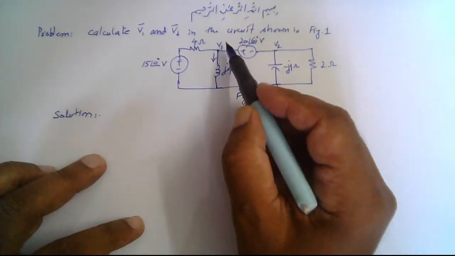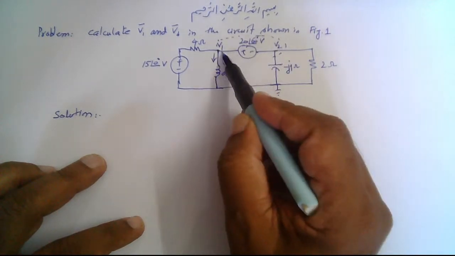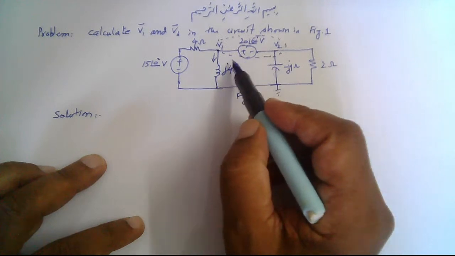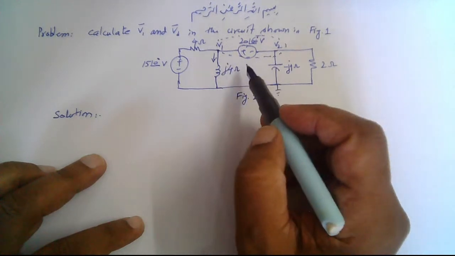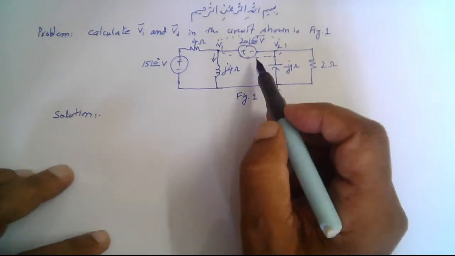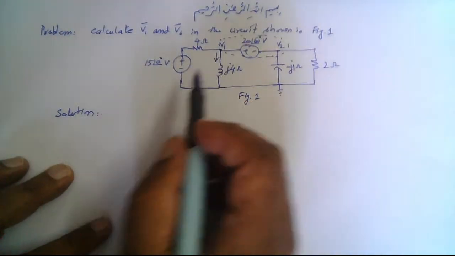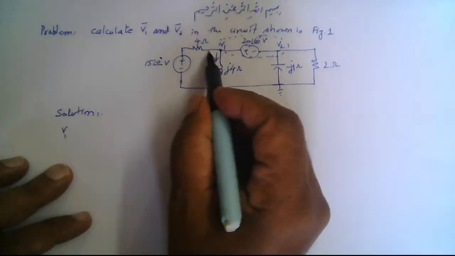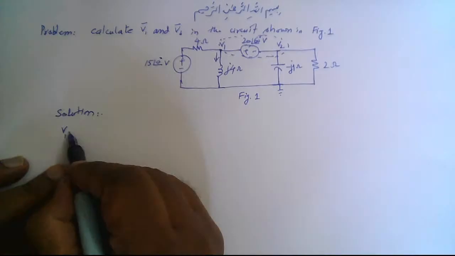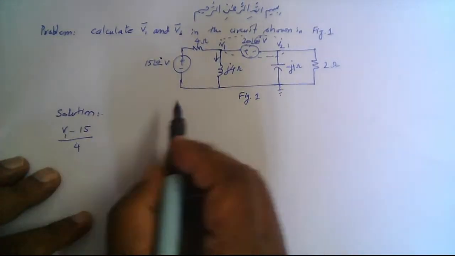So what we'll do is we will make this a supernode. This V1 and V2 is treated as a supernode. So instead of two equations from the two nodes, we will get only one equation from both the nodes. We will combine both the nodes and then write one equation from it. So for example, this is V1 in this branch: V1 minus 15 divided by 4, right?